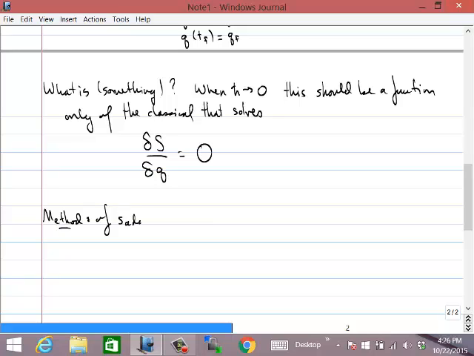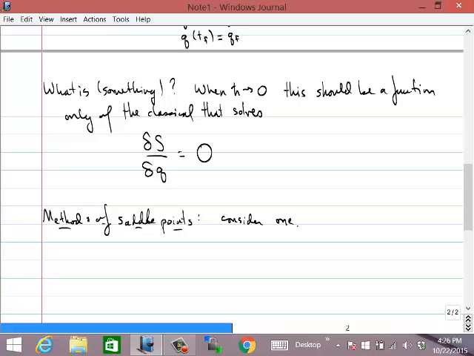This is known as the method of saddle points. Well, physicists tend to know it as the method of saddle points. Mathematicians tend to know it as the method of stationary phase. It's really one of the most important approximation techniques in the theory of integration. For some reason, it's not ever really taught or stated clearly in math classes. So I thought I would just state it very clearly now, once and for all.